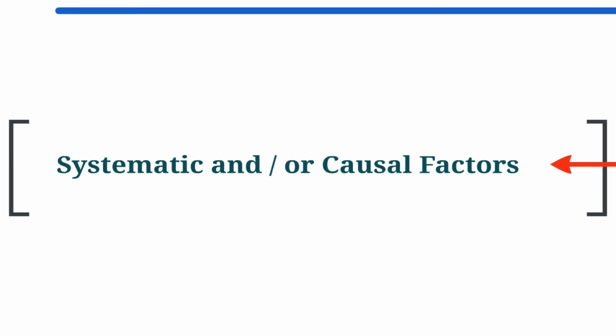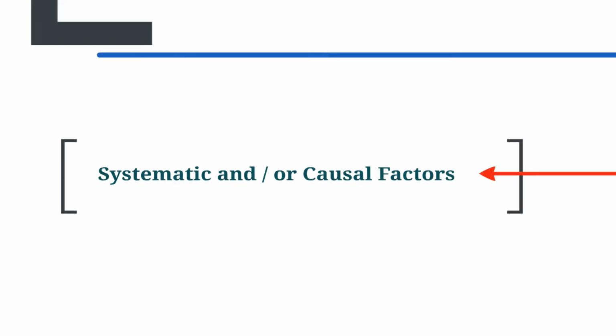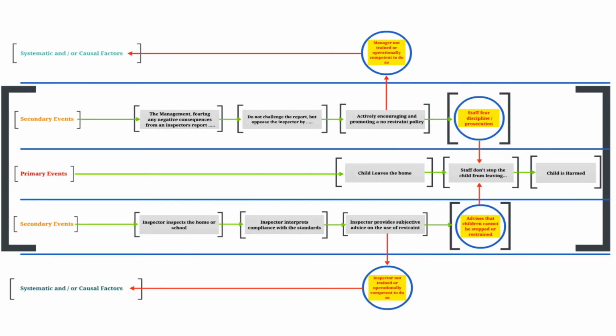This again is a systematic failure or a causal factor in the child being harmed because bad advice was given, incompetent advice was given, which put pressure on the management of the home, who in turn put pressure on the staff, and staff, fearing discipline, didn't stop the child from leaving, and as a result of that, a child was harmed. So that's an ECFA analysis model.